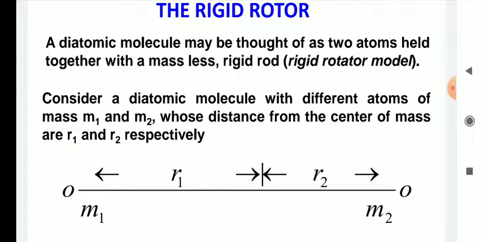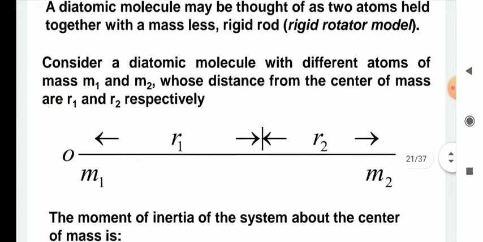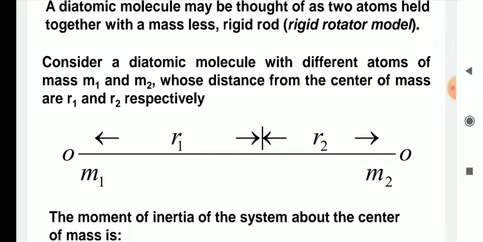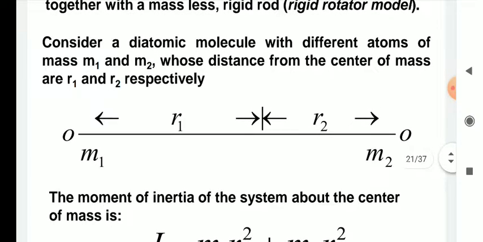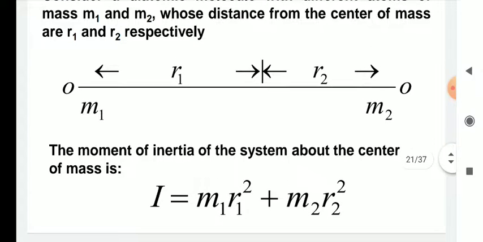That model we call a rigid rotor. In a diatomic molecule with different atoms of mass m1 and m2, whose distances from the center of mass are r1 and r2 respectively, as shown in the figure.